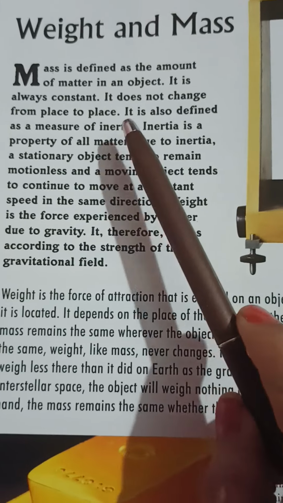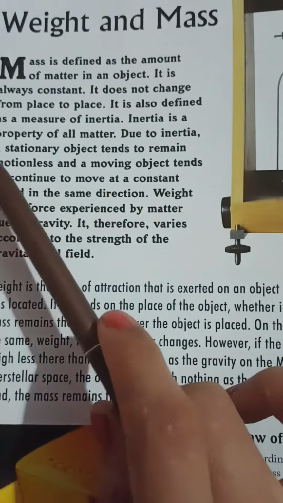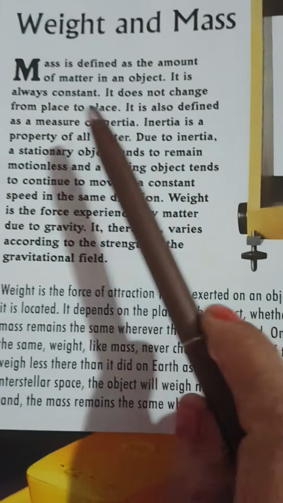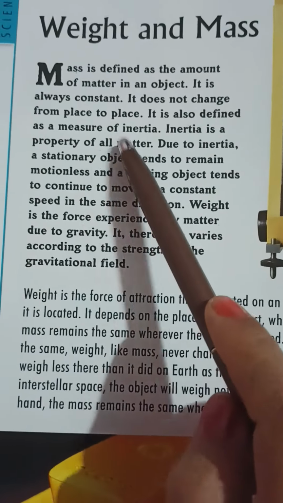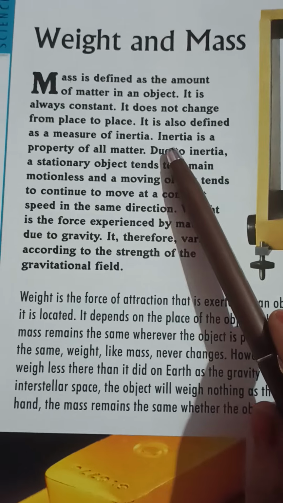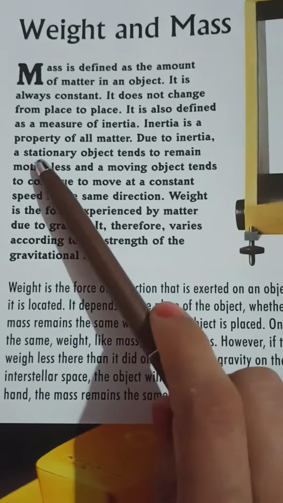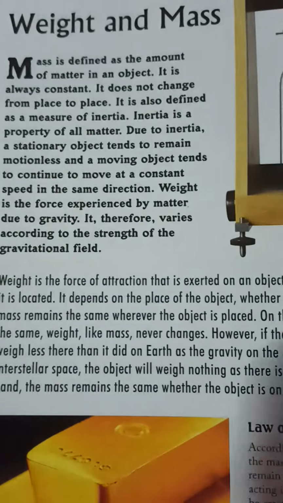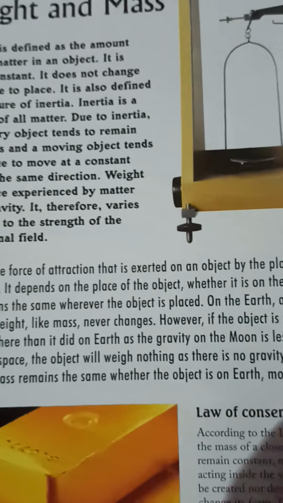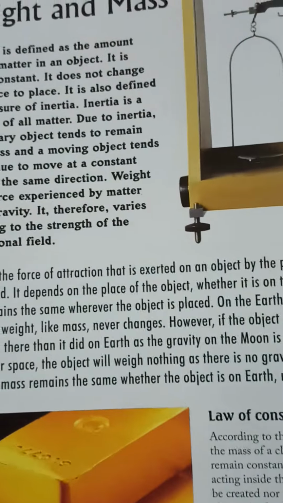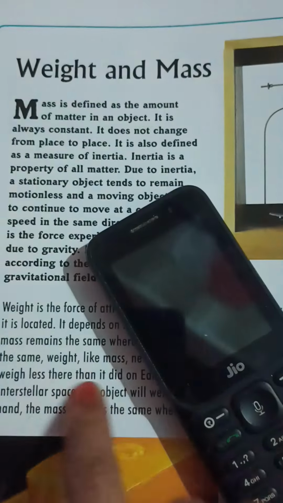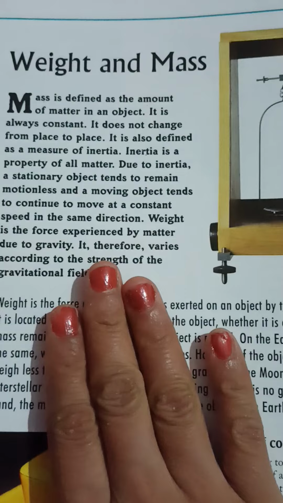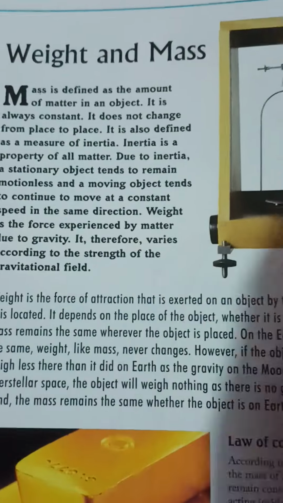It is also defined as a measure of inertia. This mass is also defined as the measure of inertia. Inertia is a property of all matter, whatever matter I have right now. For example, this pen, this cell phone, this power bank, and the mass of this book.